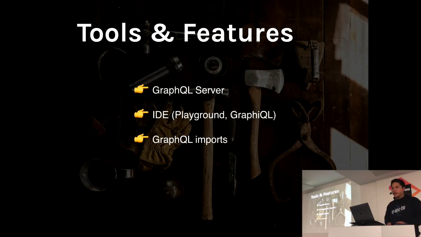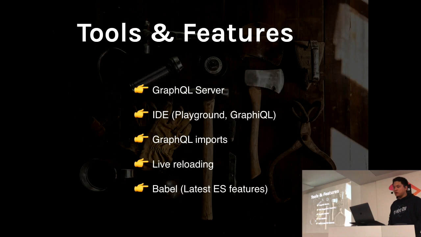It's its own language in GraphQL where you write down all the types and basically shape your schema. While you develop GraphQL, you may also want live reloading, so you don't have to stop and start the server each time you make changes in the code. You may also want the latest ES6 features, so Babel is a good thing to customize all the things that you want.